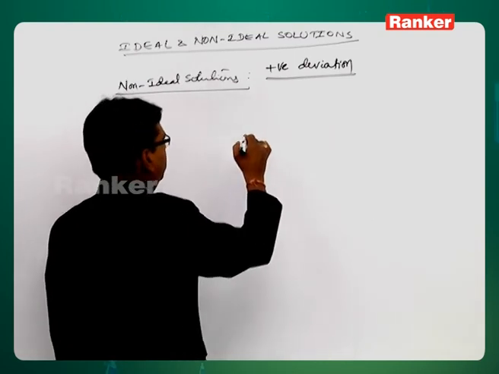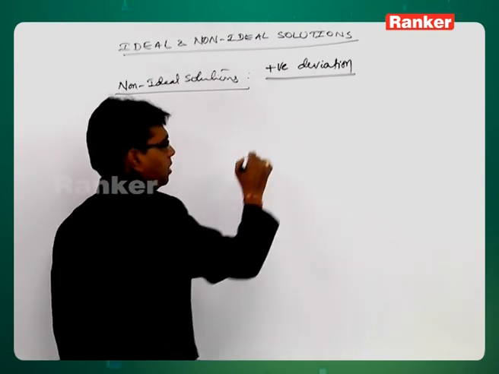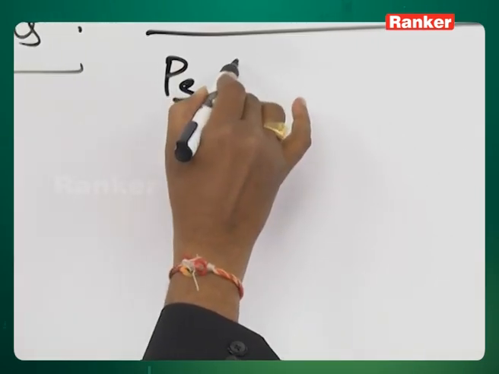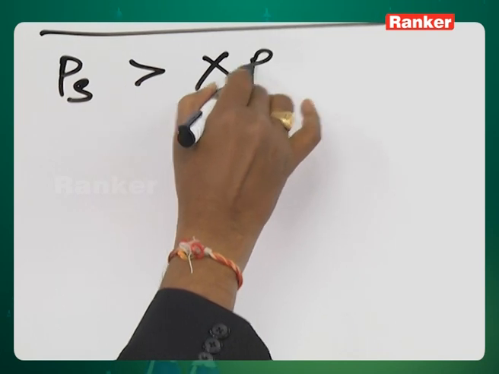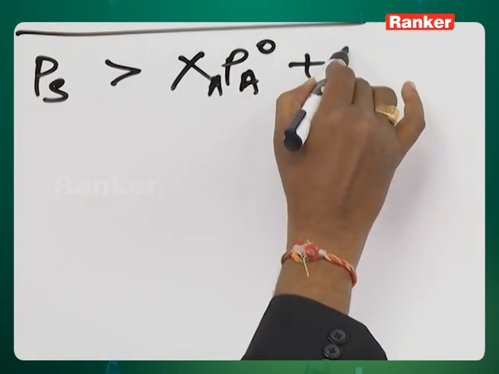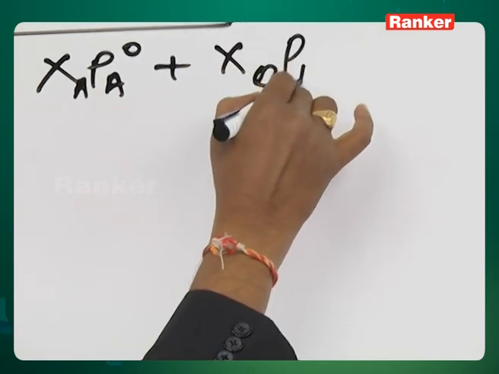Obviously, positive deviation means the vapor pressure of a solution is greater than the sum of the partial vapor pressures of the two liquids.